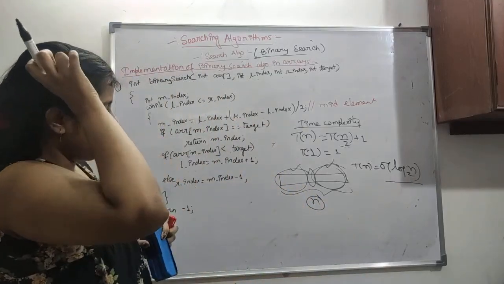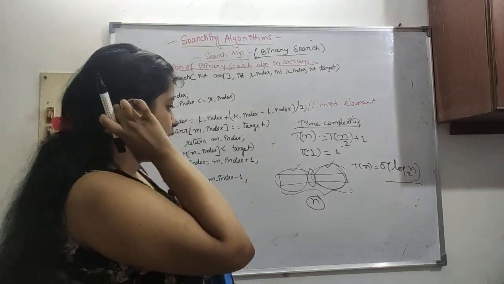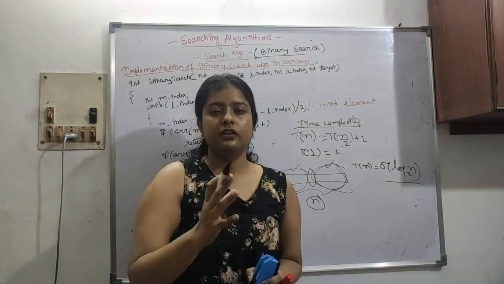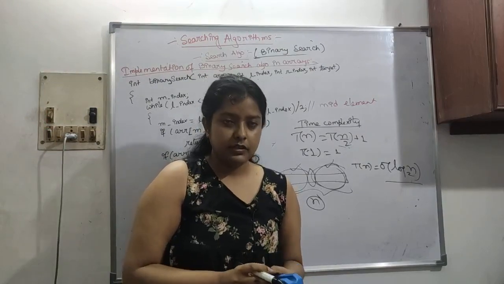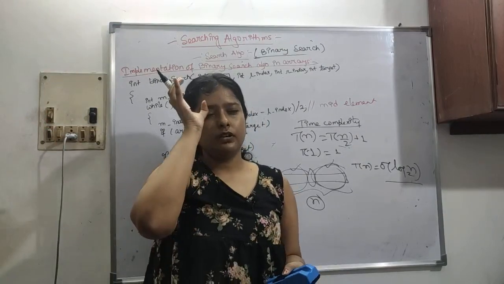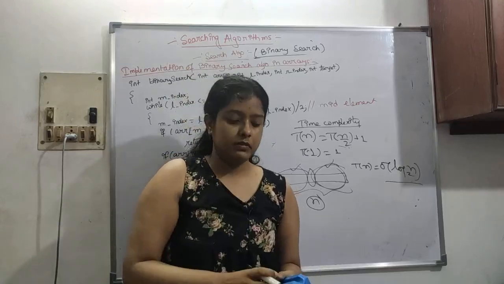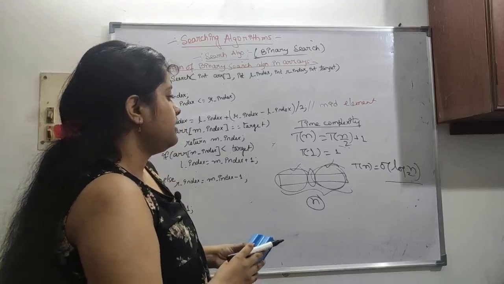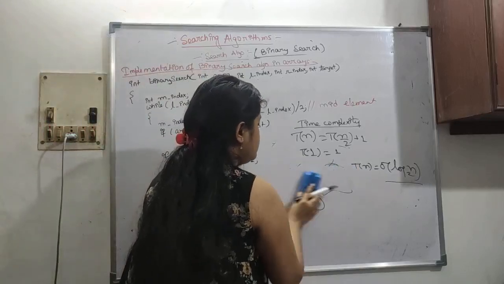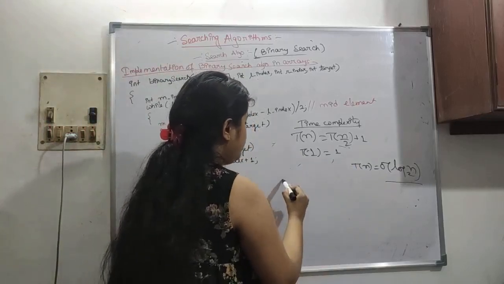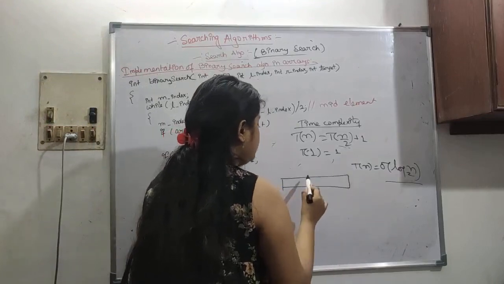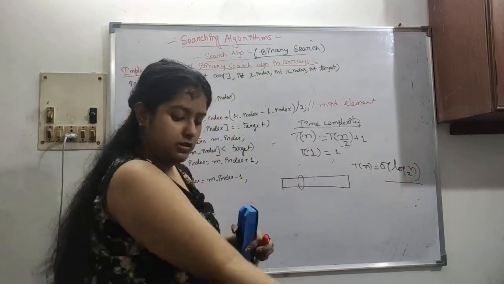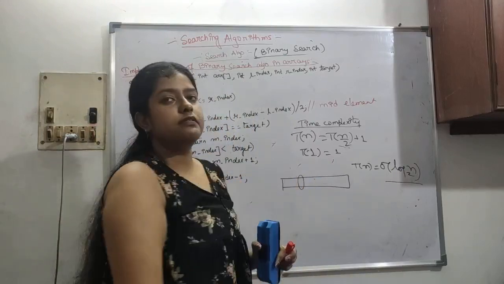Another thing I wanted to say is that a few days back I had an IIT Madras MS interview. A question was asked: suppose in binary search, instead of the middle element we take the third element, what would be the recursive relation?